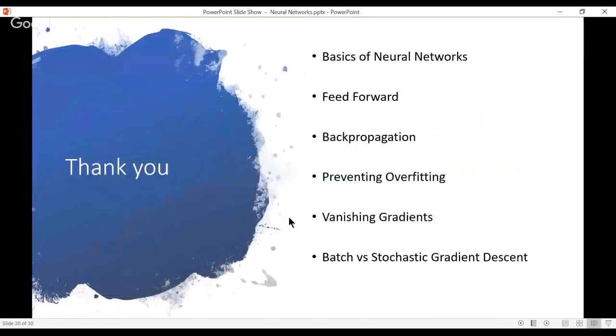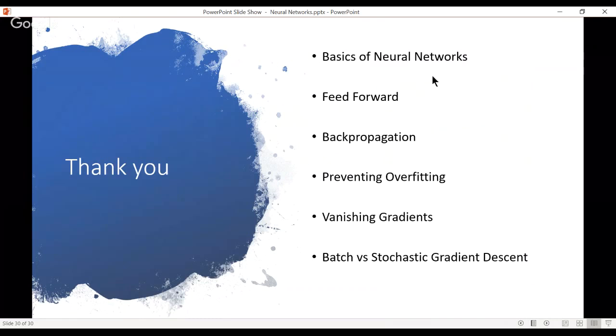So this was a small presentation on the very basics of neural networks. I'm sure I haven't covered many other things going on in the research community, but it does cover all the basic points you need to know.